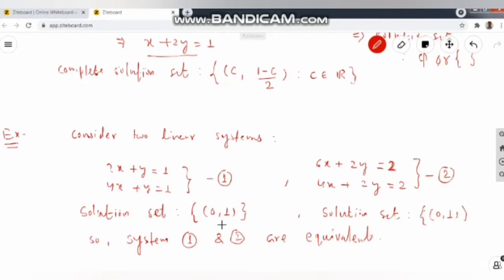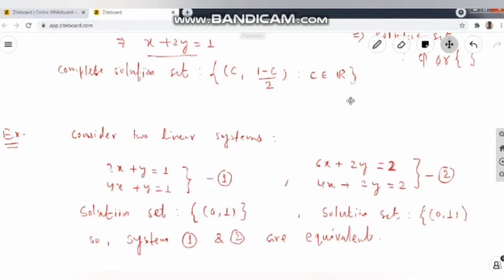Now let's see what the advantage of an equivalent system is. This is just an illustration of what equivalent systems are. But what is the advantage of an equivalent system actually? Sometimes, although this is just a two variable case, we may have a system of linear equations with four equations and five variables or something, any order.